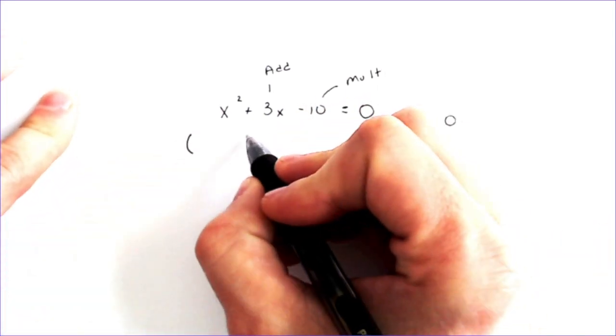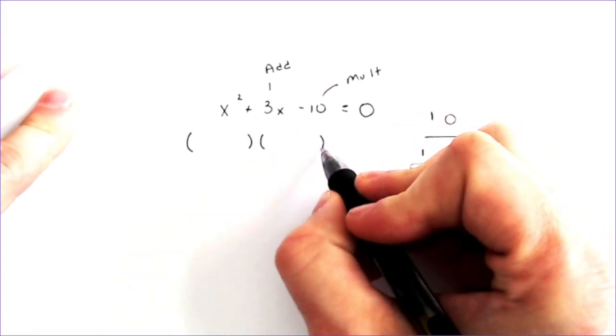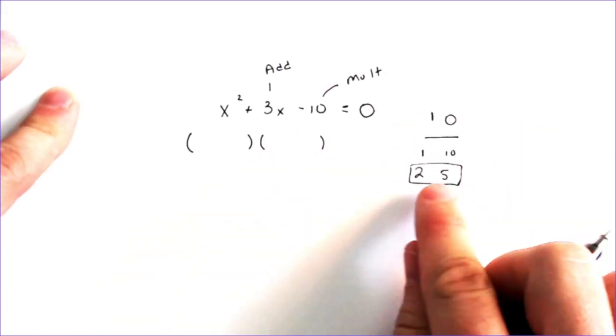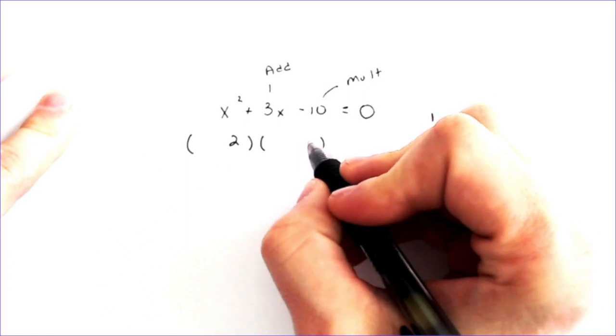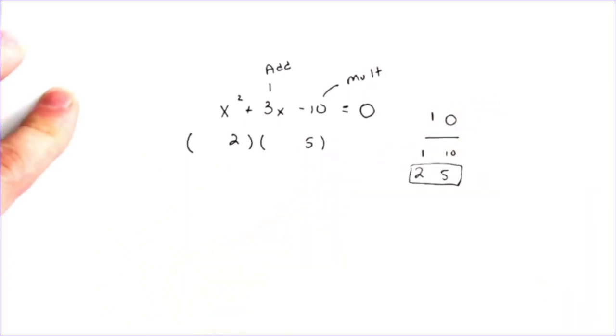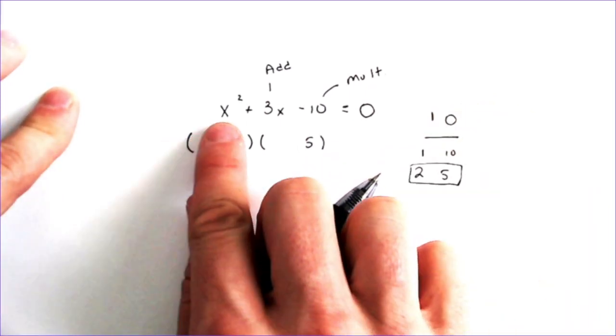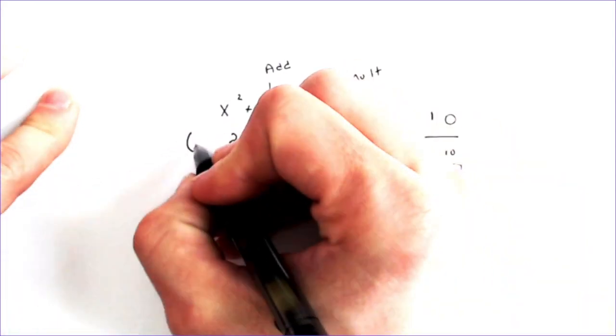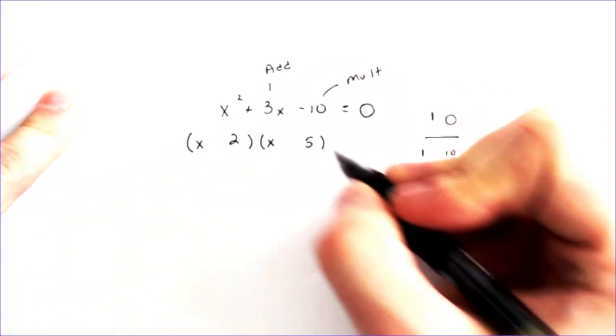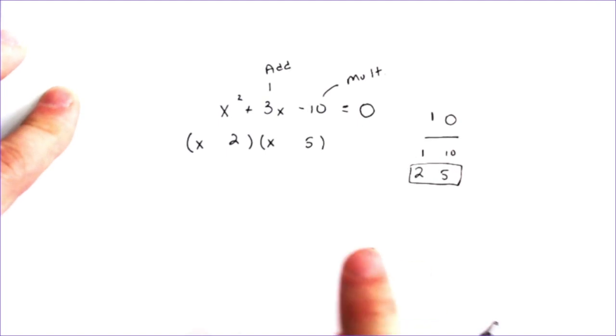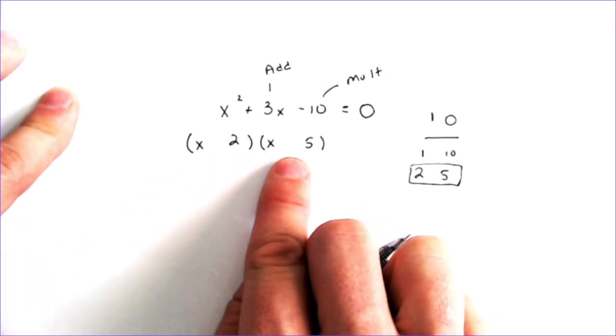So I'm going to put parentheses here. And the numbers that I know I'm going to have to use are the 2 and the 5. So let's just place those there. Because this is only an x squared, I'm going to put an x here and an x there. The only thing I have to fill in now is, what are the 2 and 5 going to be?